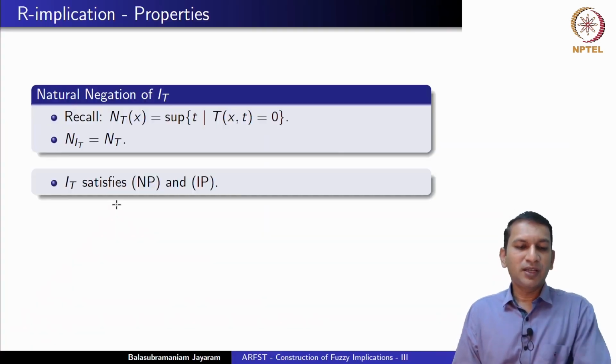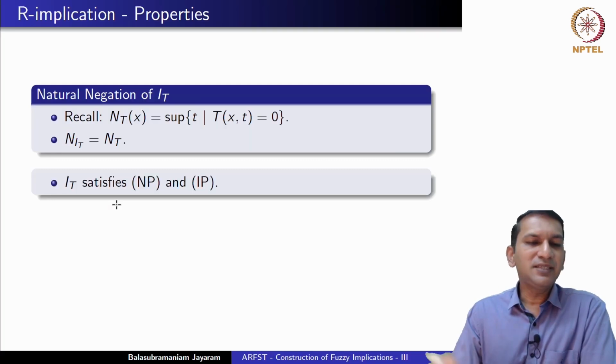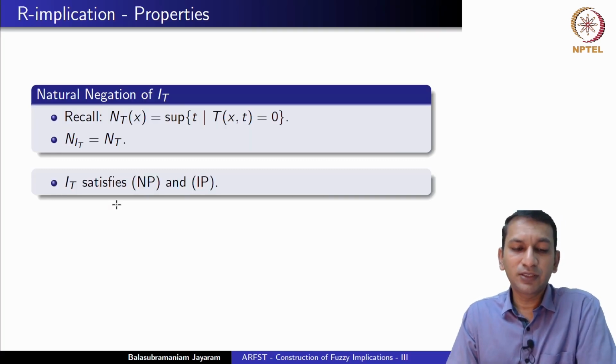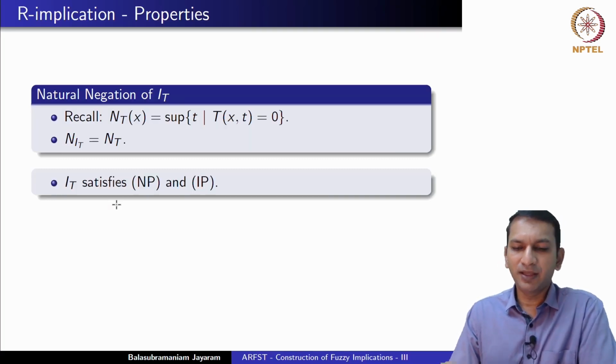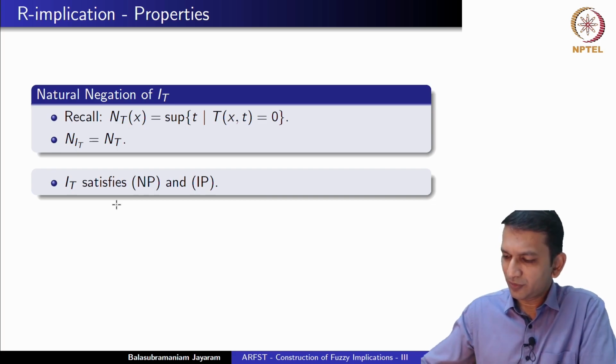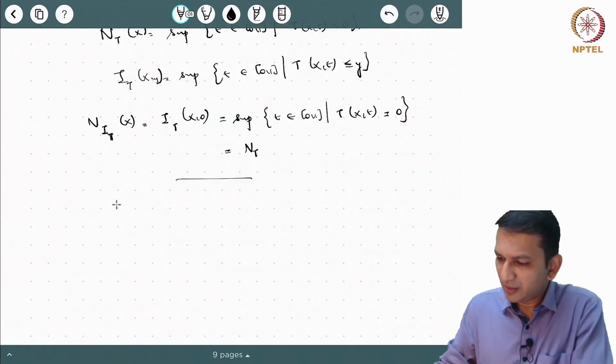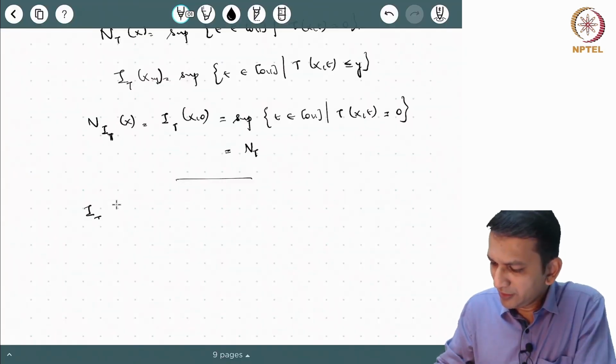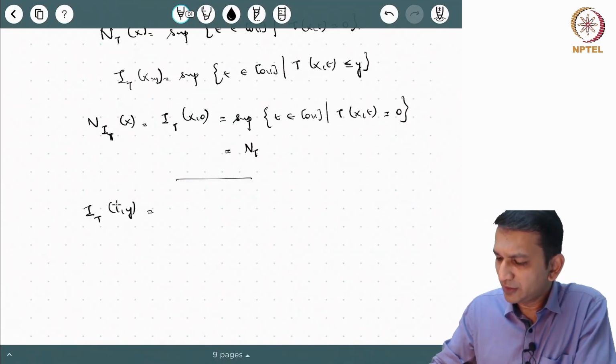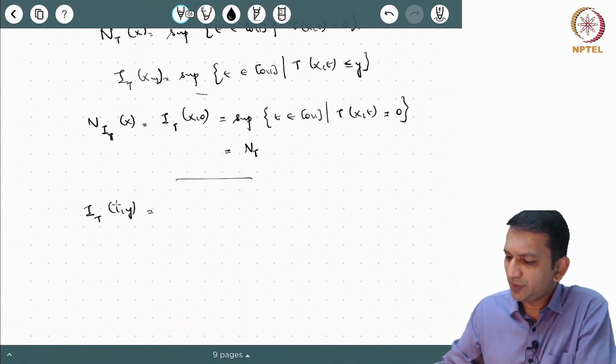Now, what about the other properties? It can be easily shown that I_T satisfies both the neutrality property and the identity principle. Why so? Let's look at I_T(1,y). Now T is any T norm, and this is the definition of an R implication.